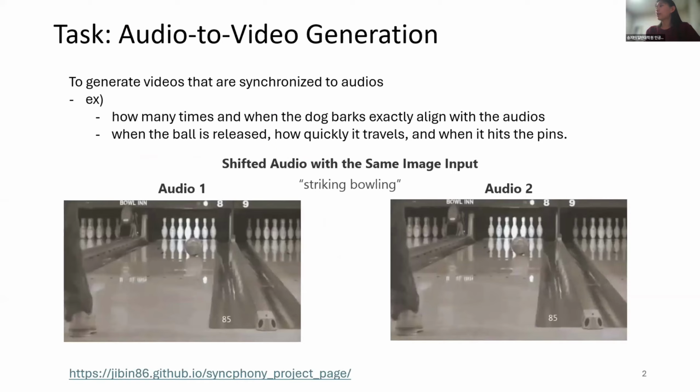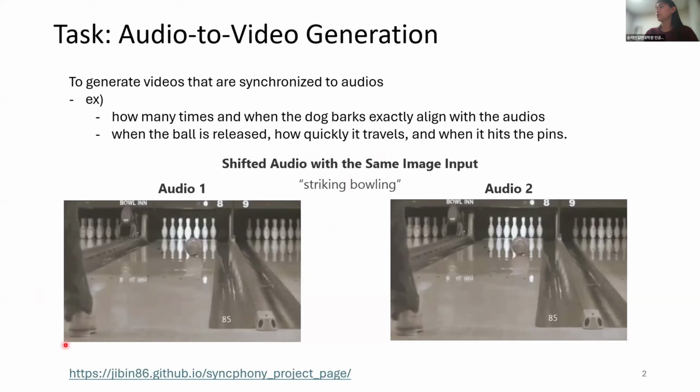First, what is audio to video generation? Audio to video generation is to generate videos that synchronize to audios. So in this task, we control the motion: how many times and when the dog barks exactly align with the audios, and when the ball is released and how quickly it travels and when it hits the pins.